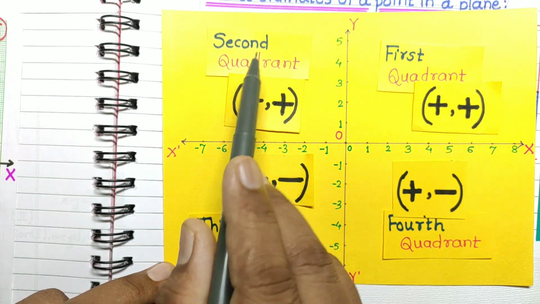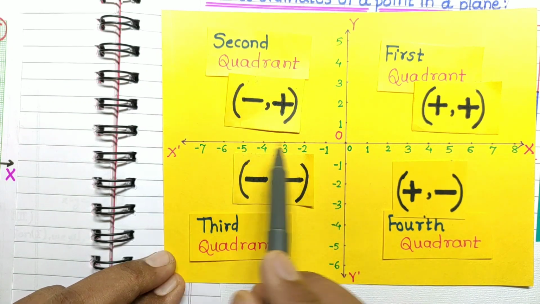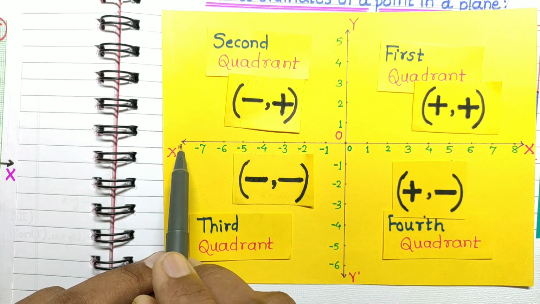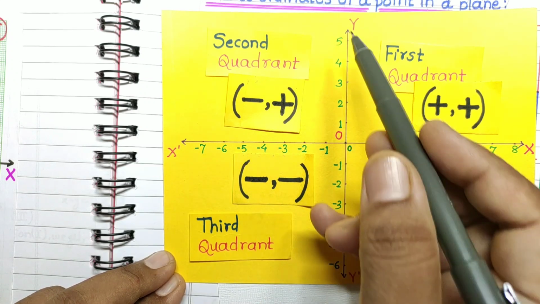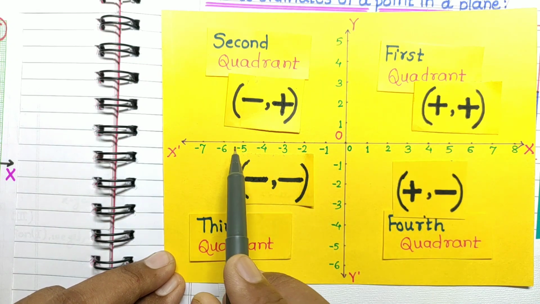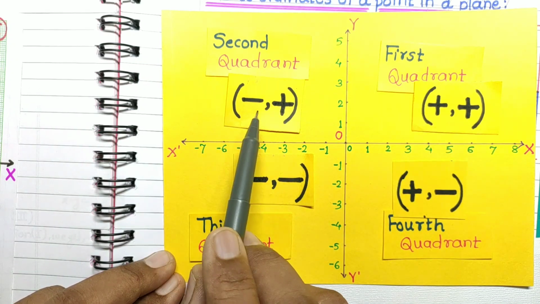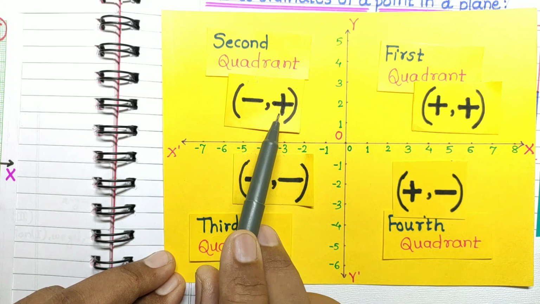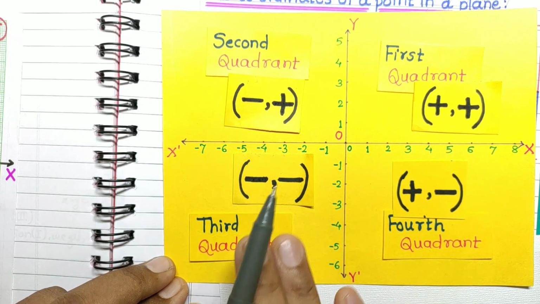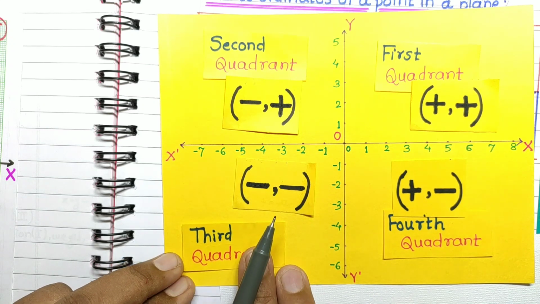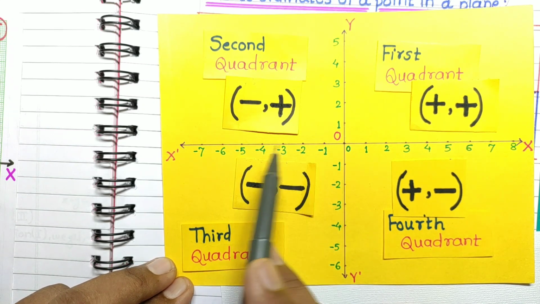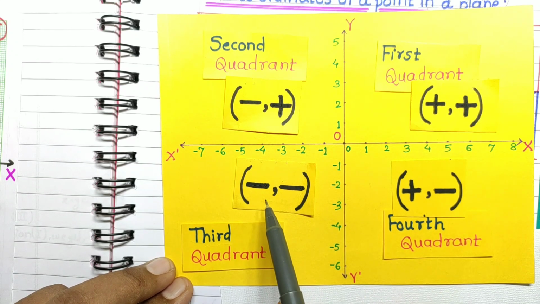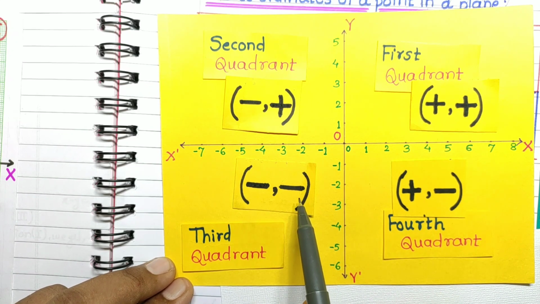Now the second quadrant is formed by negative x-axis, OX dash, and positive y-axis. So you remember it like x coordinate in second quadrant is negative and y coordinate is positive. Now third quadrant is formed by negative x-axis and negative y-axis, so coordinates are negative negative.